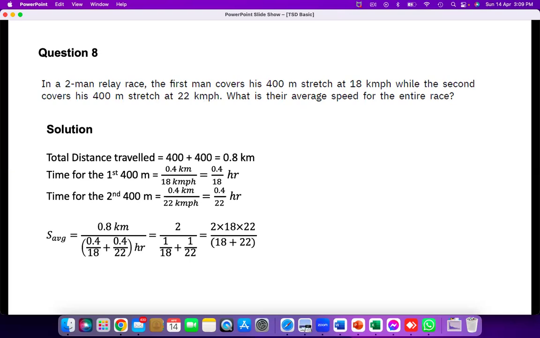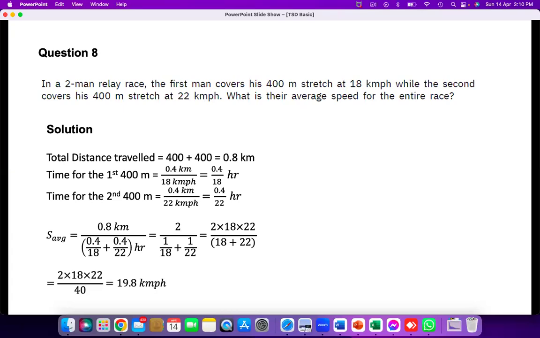Otherwise, what you can do? You can directly do twice of S1 S2 divided by S1 plus S2. That is twice of 18 into 22 divided by 18 plus 22. This will also give you the same thing. So going forward, use the shortcut.